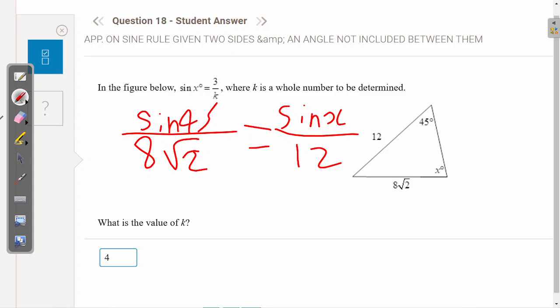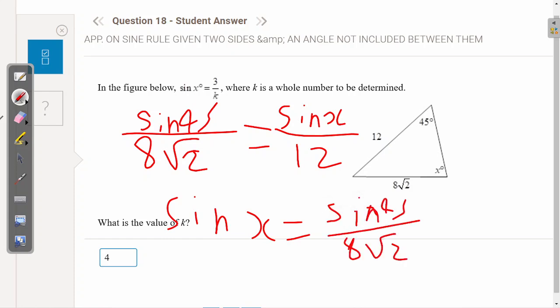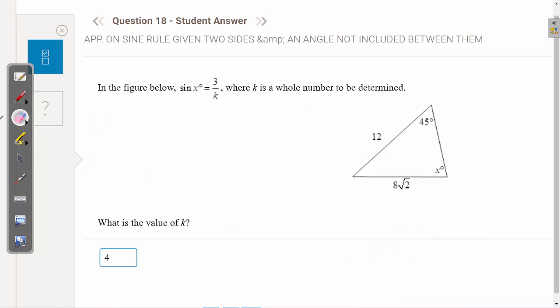Then you multiply by 12, so sine x equals sine 45 over 8 radical 2 times 12. You will get 3 over 4. You want 3 over k. k is 4.